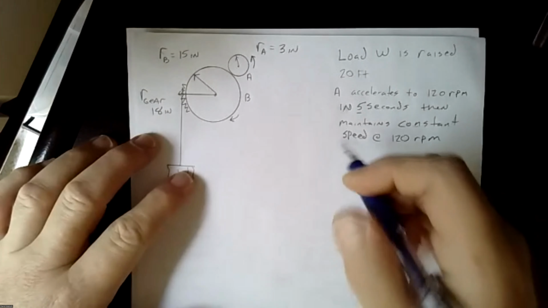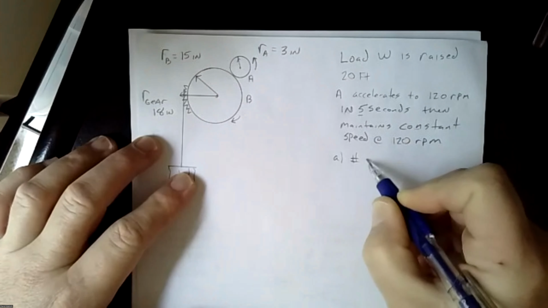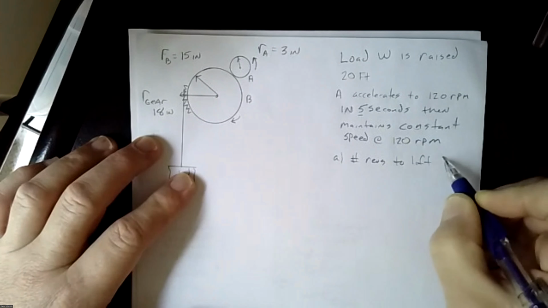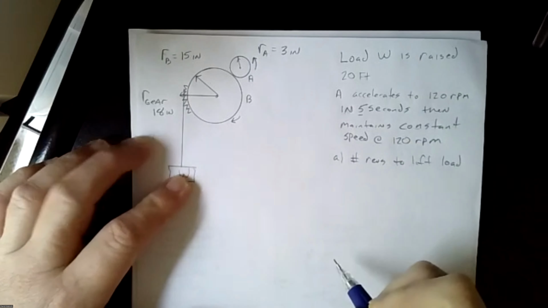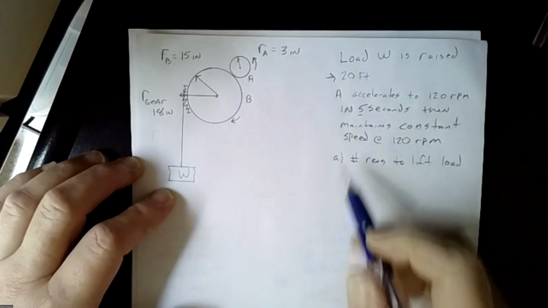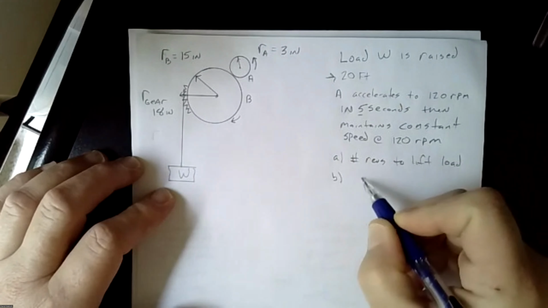So we want to know A, the number of revs to lift the load. Okay. So we want to raise it in total. So how many revolutions to raise it 20 feet, and how much time?